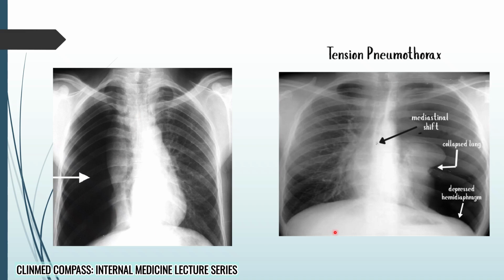In this other one, this is perfect for a tension pneumothorax. These are the hyperlucent field with absent lung markings. However, if you take a closer look, you see the trachea and the mediastinal structure, they are shifting to the contralateral side. This is the collapsed lung, and this is the depressed hemidiaphragm.